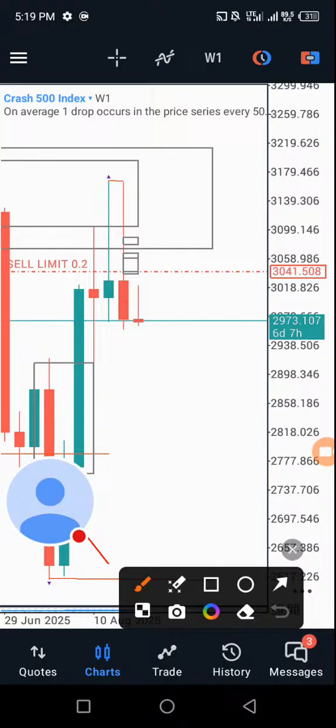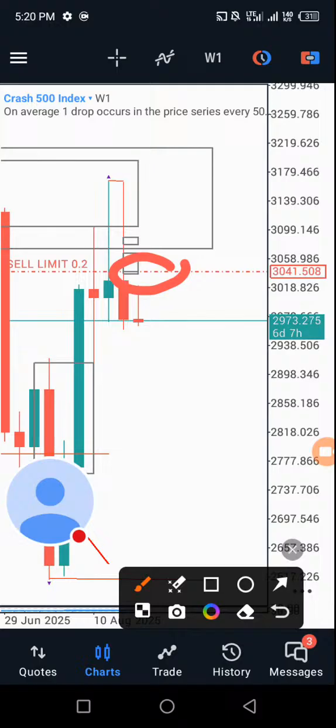This new week's candle will give us an insight into what is likely to happen for the remainder of September. So I will not be in a hurry to jump, and that's why I set my limit here, anticipating that price will come back to that level.